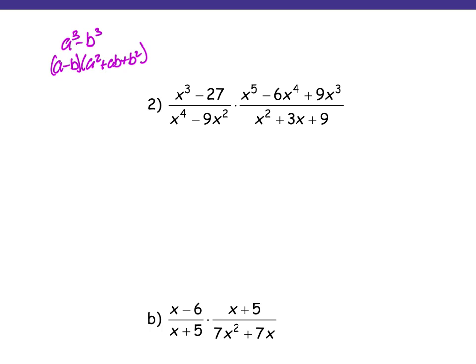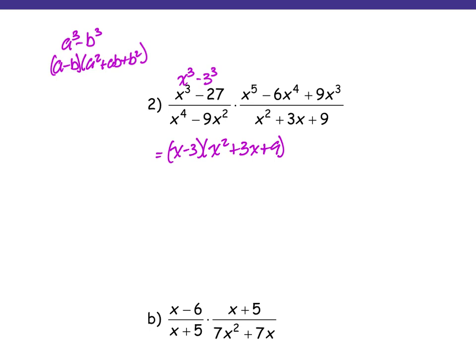So the first expression here will factor to x cubed minus 3 cubed, because 27 is 3 times 3 times 3. So that means I'm going to have x minus 3 times x squared plus 3x plus 9.